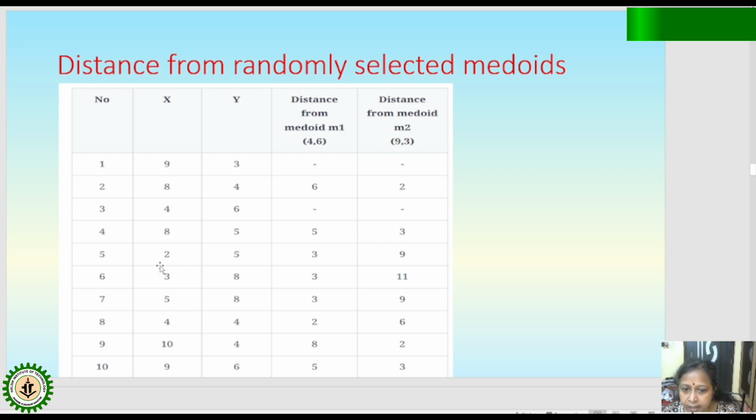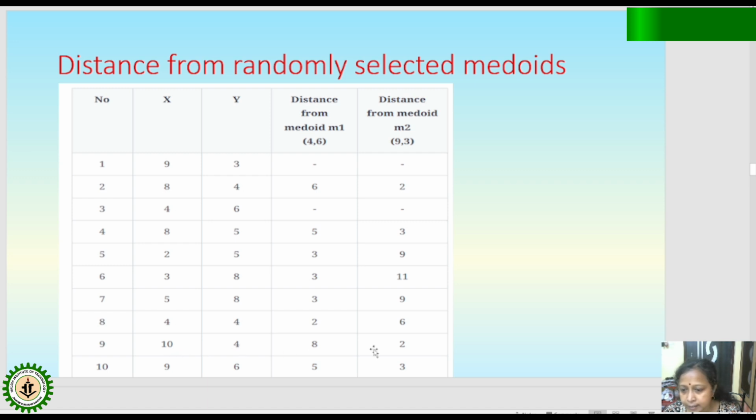Similarly, the data point 2,5 is very close to the medoid 4,6. Similarly, 3,8 is very close to 4,6, and 5,8 is very close to 4,6. The data point 4,4 is also very close to 4,6, so assign it to the cluster M1.